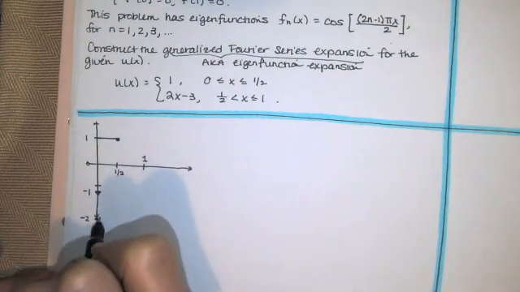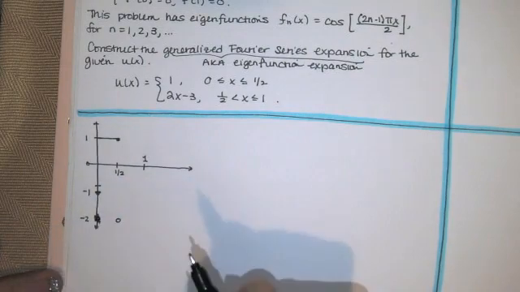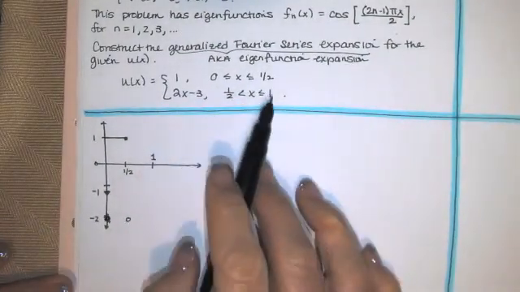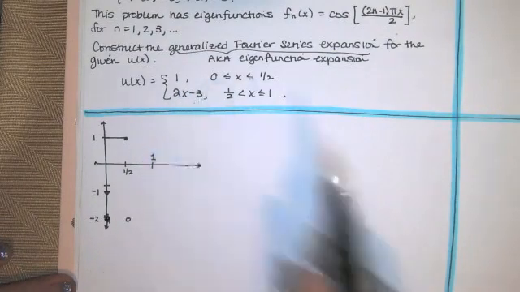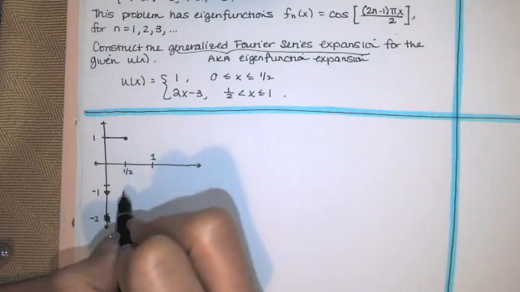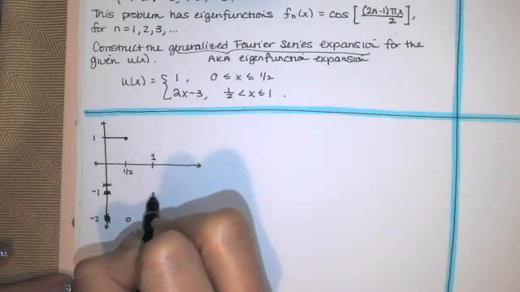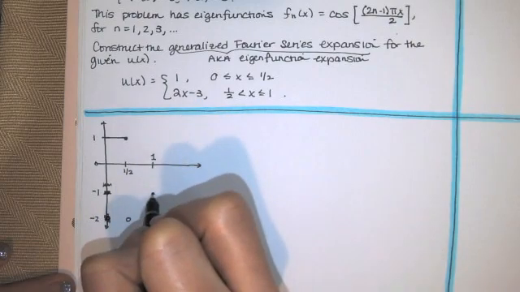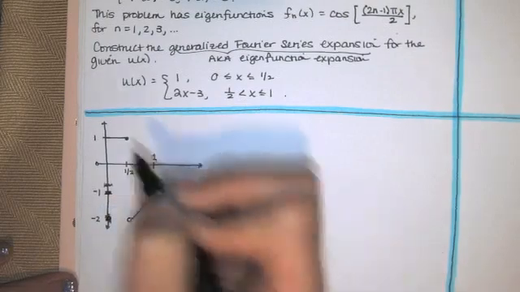So we get -2 there. And then at x equals 1, we have 2 minus 3, which is -1. And that's clearly a linear function. So what we're going to see is a line segment over here. So this is u of x.